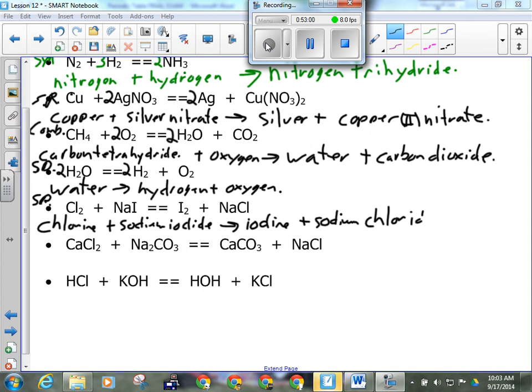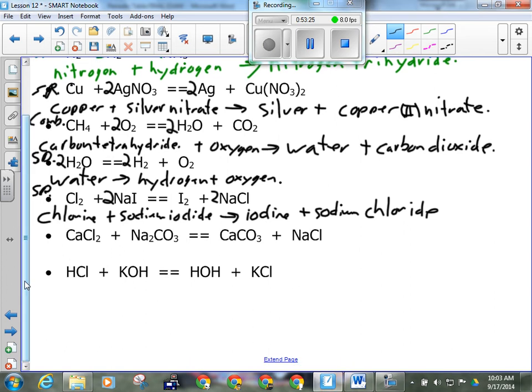Again, remember, we don't put diiodide or dichlorine or anything on these when they're elements. We name them as their element name sounds. Then we have to balance: 2 chlorines over here, but only 1 over there, so I put a 2 there to fix that. That gives me 2 sodiums, so I put a 2 here to balance my sodiums, and that makes my iodines balance. So we're sure that that one's good.